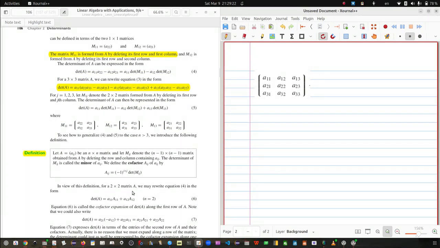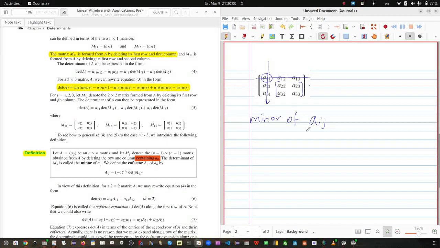Minor, in the definition here, means deleting the row and column containing Aij. Let's say we are talking about the minor of A11. The way you do it, you just take out the row and take out the column, and whatever is left here is the minor of Aij, meaning any row, any column, any location where we have the element Aij. In this case, let's say A11.